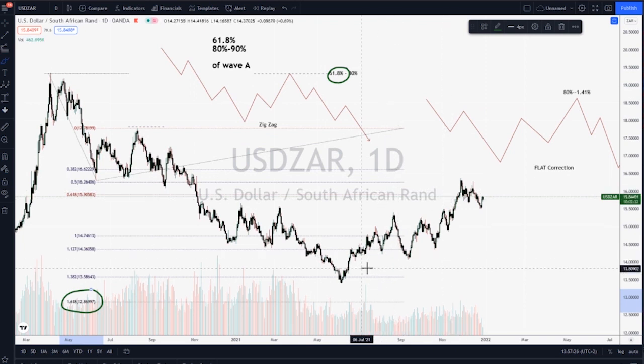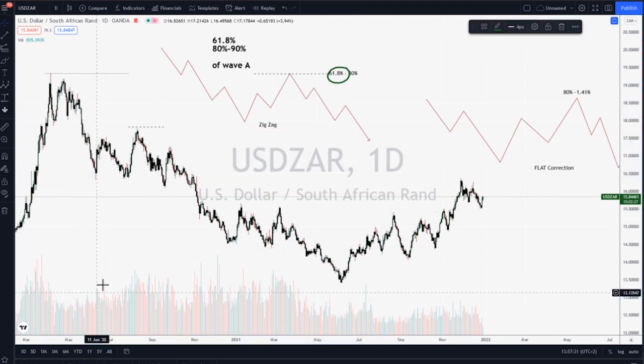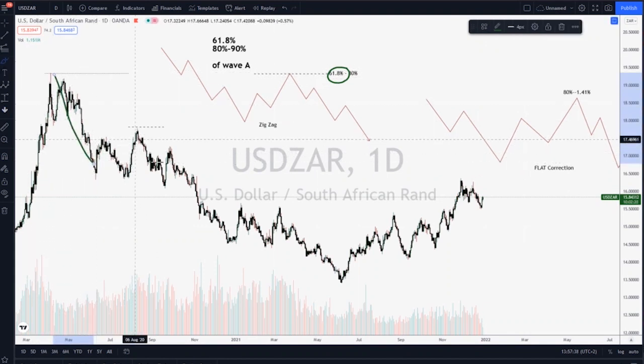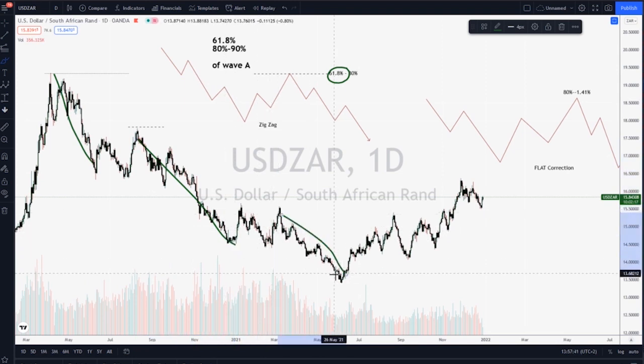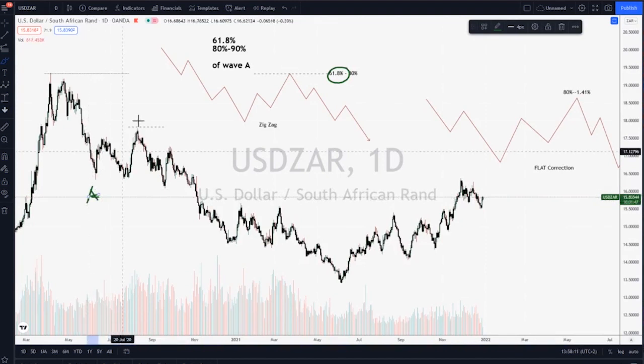Okay, so now how are we going to deal with this problem? We retrace our steps. So now we start looking at the subwaves of these impulse moves in between these chunks. Are they really those impulse moves? Let's retrace our steps. Could this possibly be A, that B, and all the way down there C, meaning that we have this type of correction instead of that one?